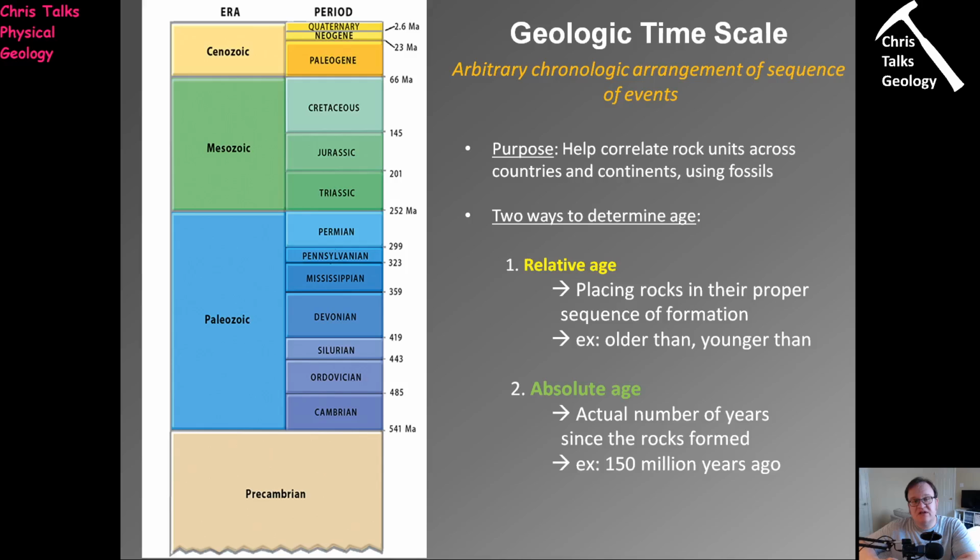So if we look at our geologic timescale on the left, we can see that we have the eras, we have the periods, and then we have the numbers, the values essentially telling us the age of the boundaries. Now, these numbers aren't actually important. In geology, you can get away without having these numbers. So why is that?